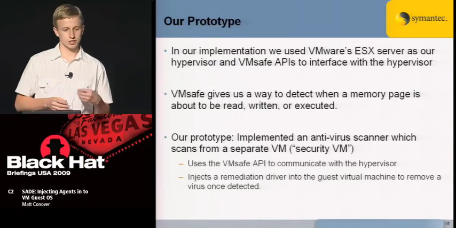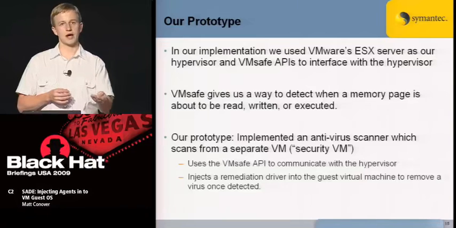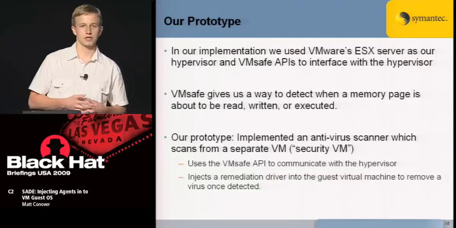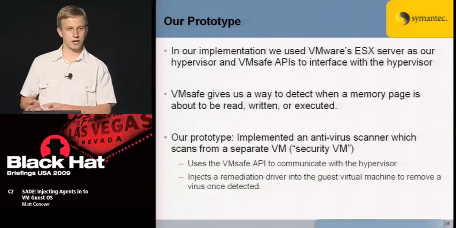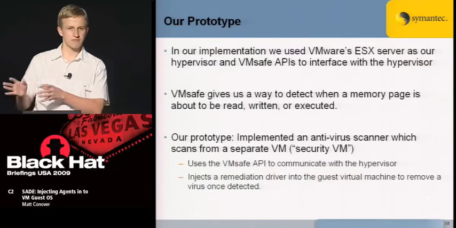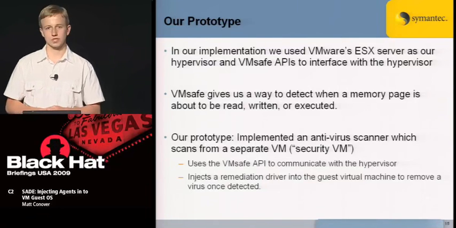So in general, this gives you a way to read or write the physical memory of another virtual machine, to read or write its registers, some general activities like this, and also gives you a way to, for example, effectively put breakpoints in another virtual machine.